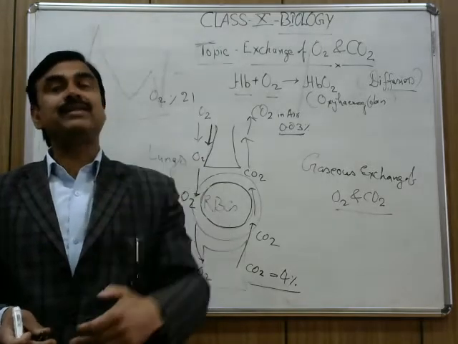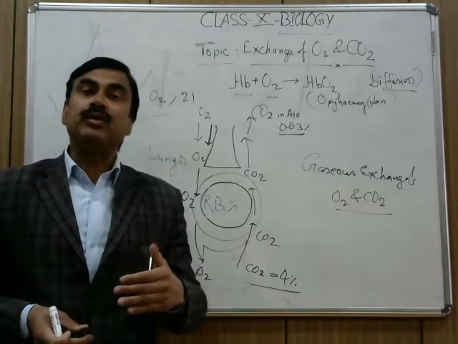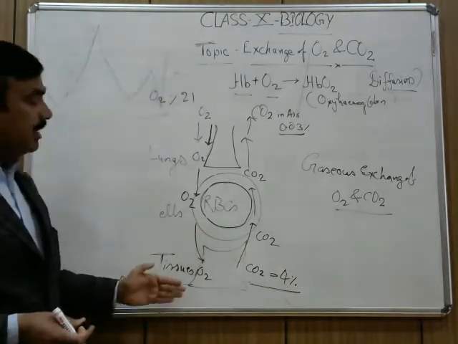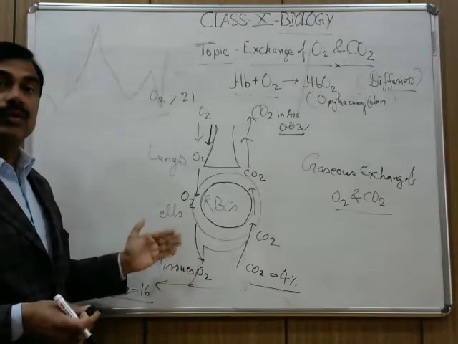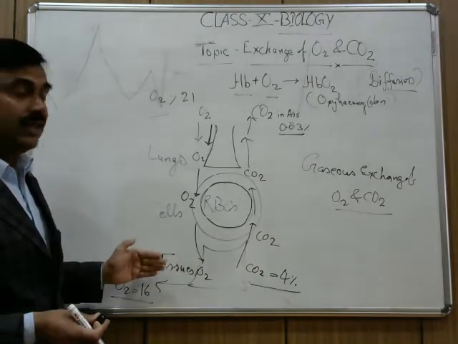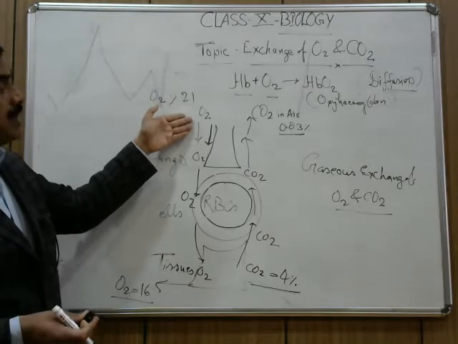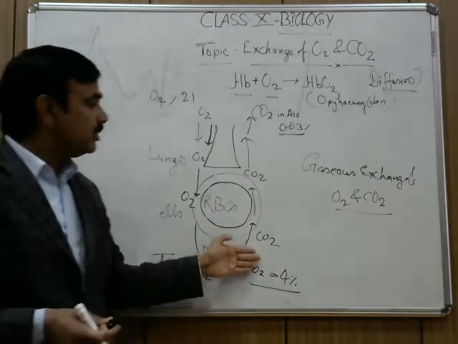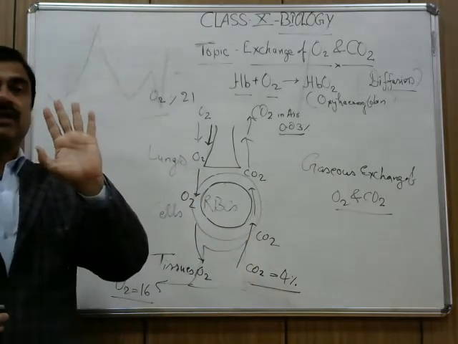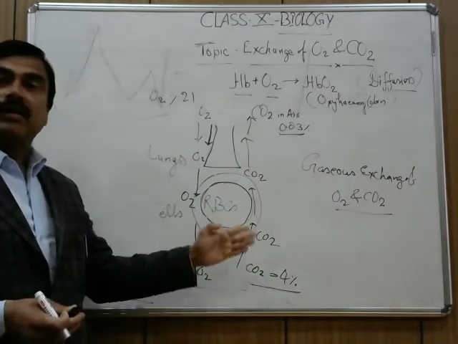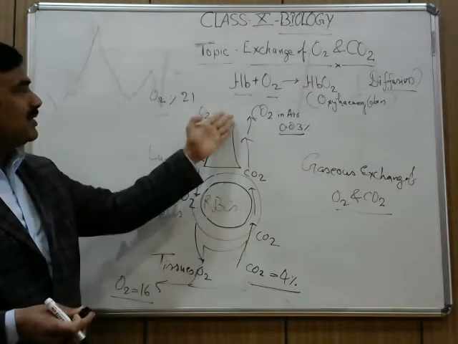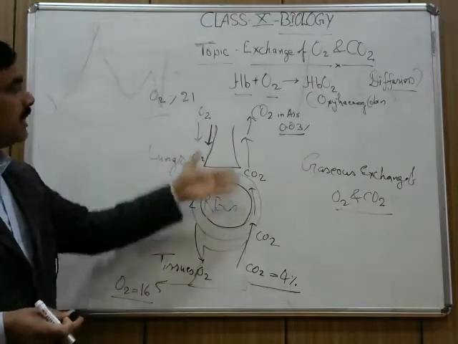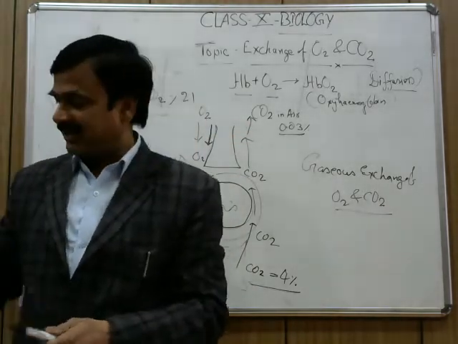Because of the difference in the concentration of O2 at one place and the difference in the percentage of O2 at the inner side. You should easily explain that O2 is moving from outside to inside and CO2 is moving from inside to outside. Now it is very important to draw the structure and then go for the explanation.